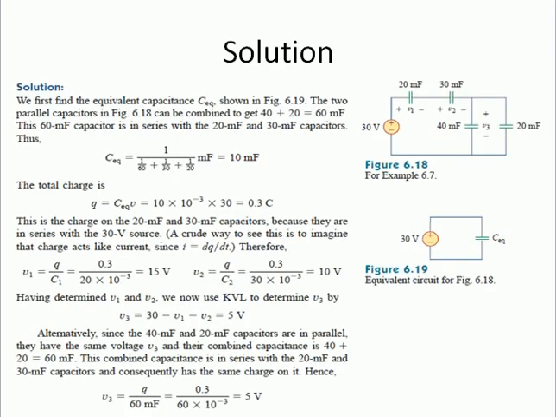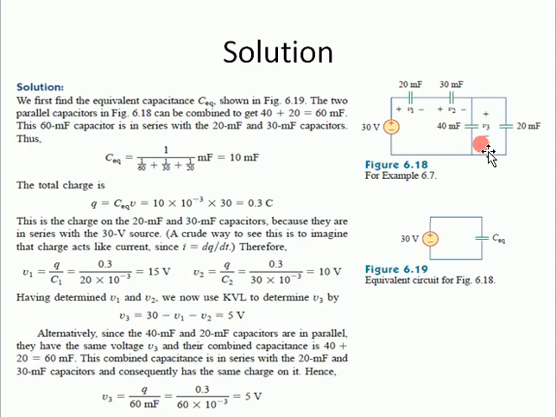So first of all, we have to find out the equivalent capacitance for this. Now in this case, you see there is the parallel combination of these two capacitors and series combination of these two capacitors. So first of all, we will solve for the parallel combination of these two capacitors. So 40 plus 20 is equal to 60.